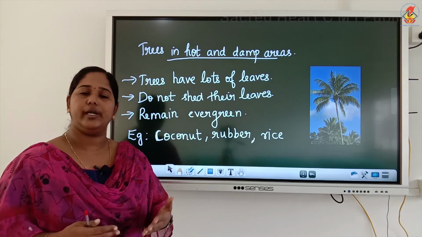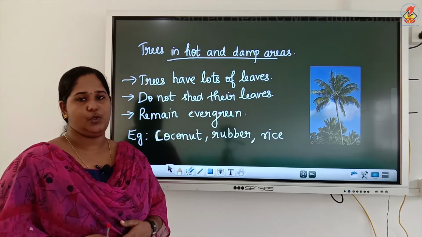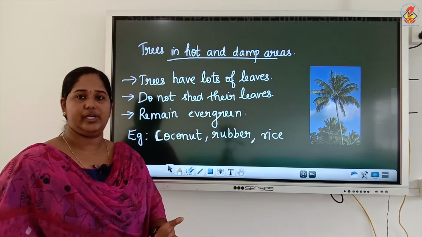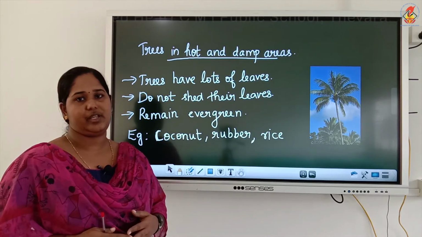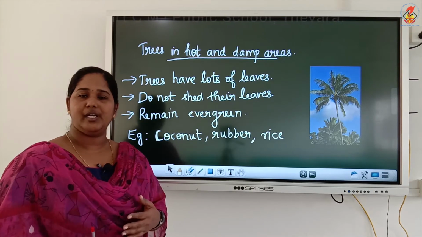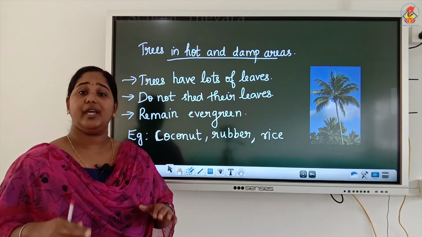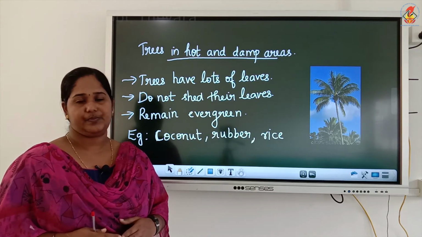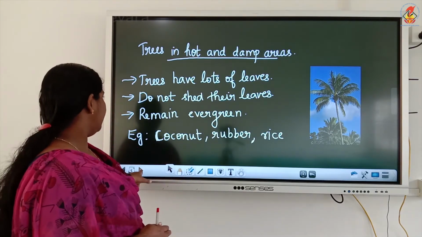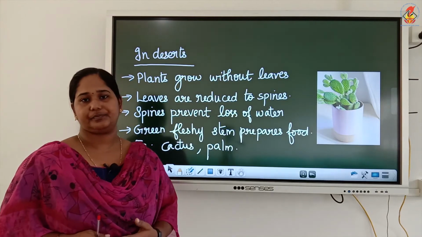Have you seen a coconut tree shedding all its leaves? No. There will always be green leaves on a coconut tree. In a rubber tree also there will always be green leaves, because they are evergreen trees. Next type is in deserts.